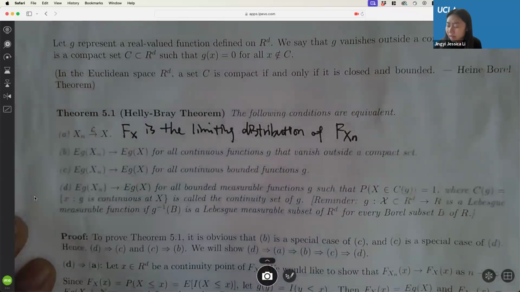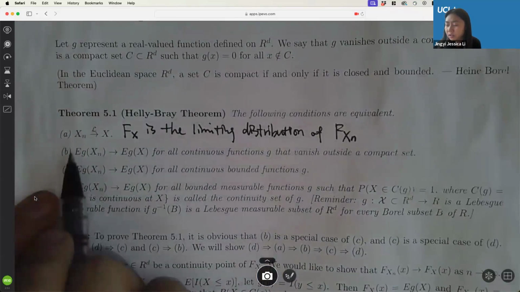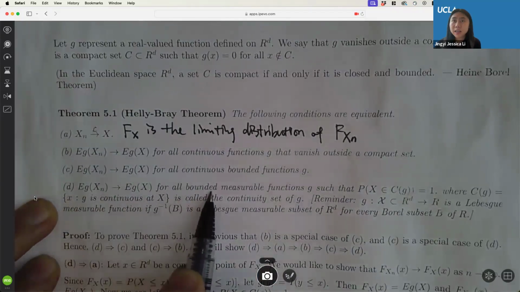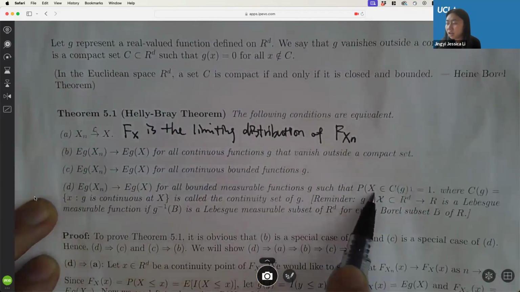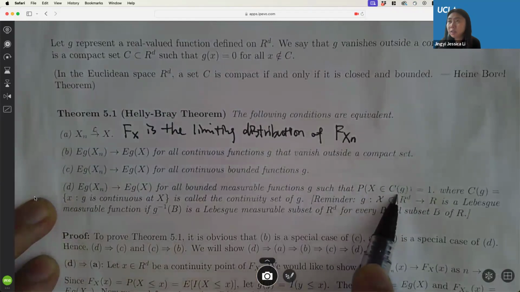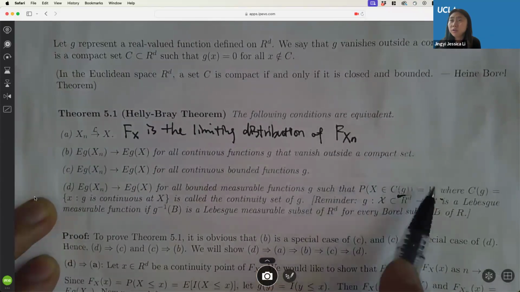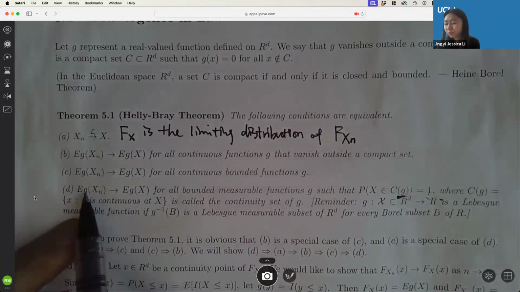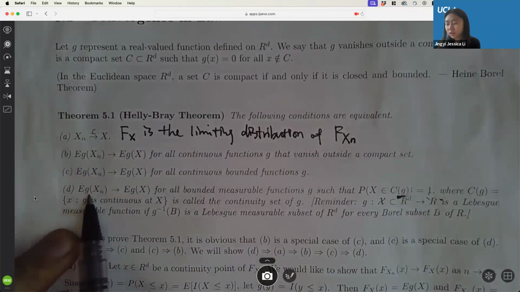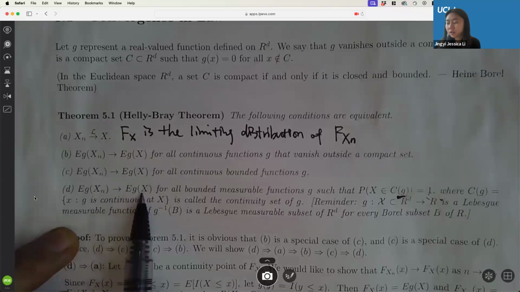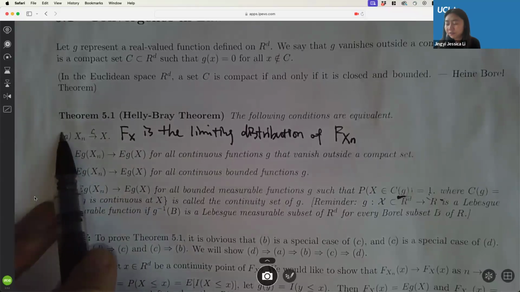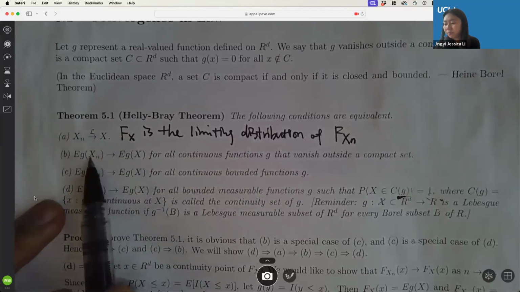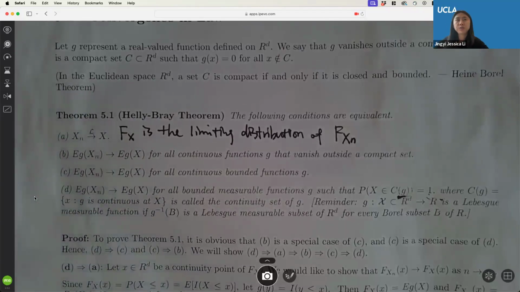As I said, the idea is to have equivalence between A and D. D means that for any function G that is bounded and measurable, such that the random limit X is in the continuity set of G with probability 1, if we can prove that for all such G, the expectation of G applied to Xn converges to the expectation of G applied to X, then we have convergence in law.